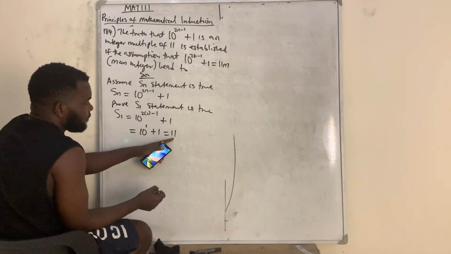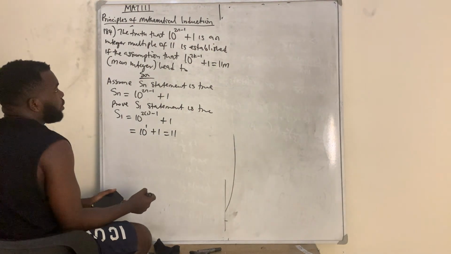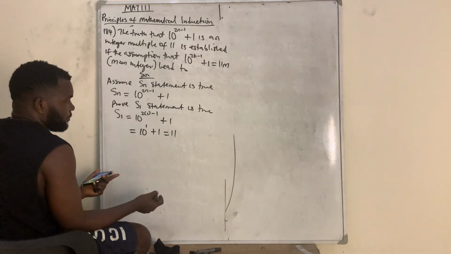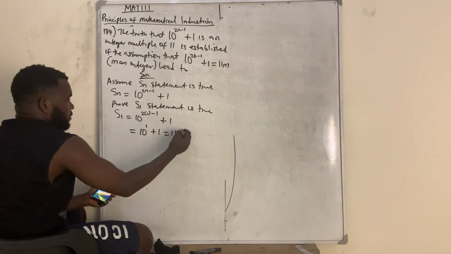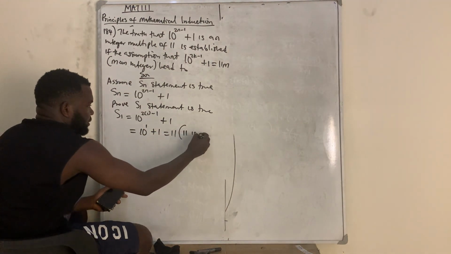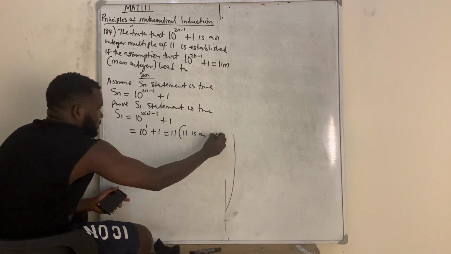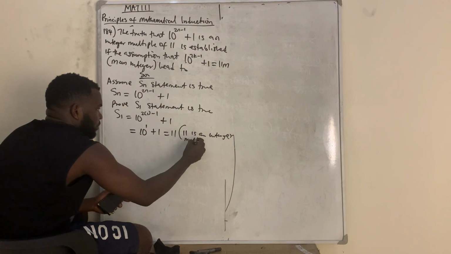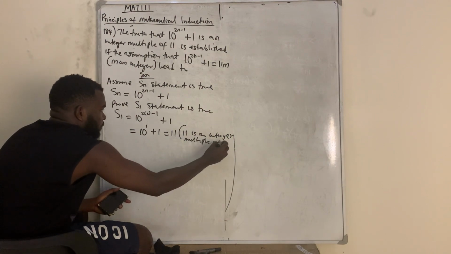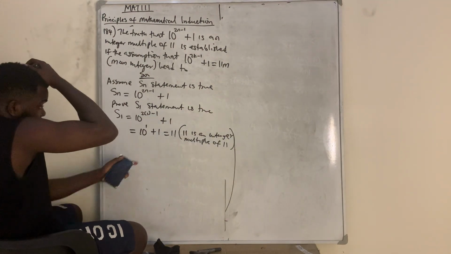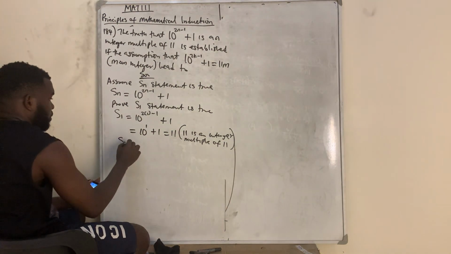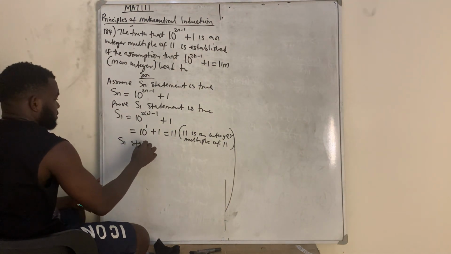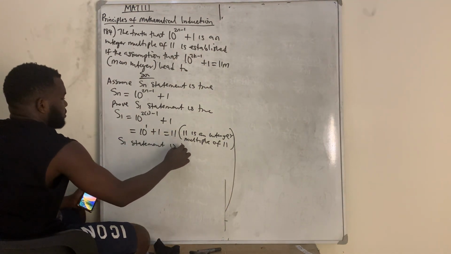You notice that 11 is an integer multiple of 11, because 11 can divide 11. So 11 is an integer and is equally a multiple of itself. So this is true, so you say that the S(1) statement is true.